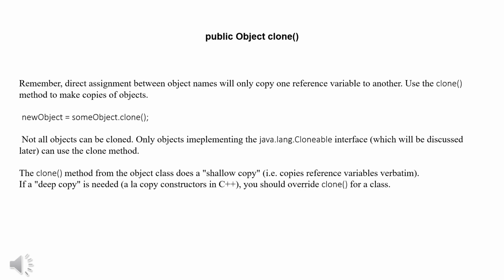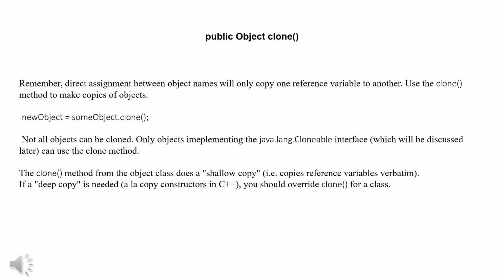So we also have one method in order to make copies of objects. If you do the direct assignment between object names, then that will only copy one reference variable to another.